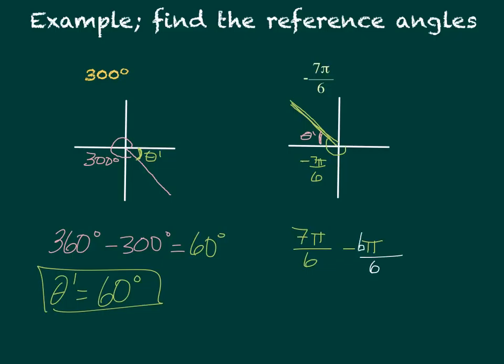So that would be 6 pi over 6. 7 minus 6 is equal to 1, or pi over 6. So that means that my theta prime is going to be pi over 6. And that's your final answer.